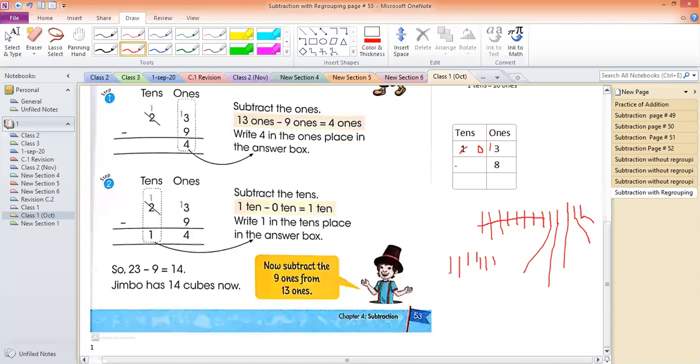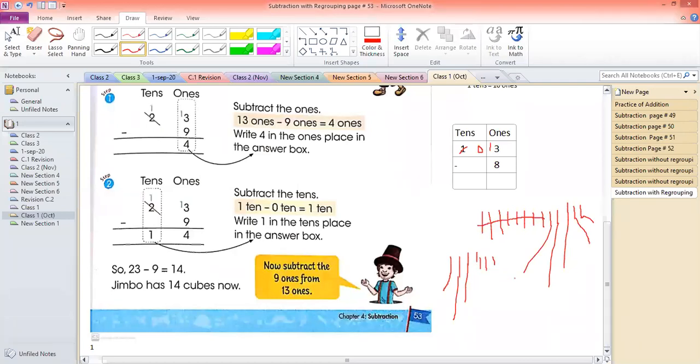So if you have more than 5 lines, 6, 7, 8, count one by one: 1, 2, 3, 4, 5, 6, and 7. In that way you will not skip any number.